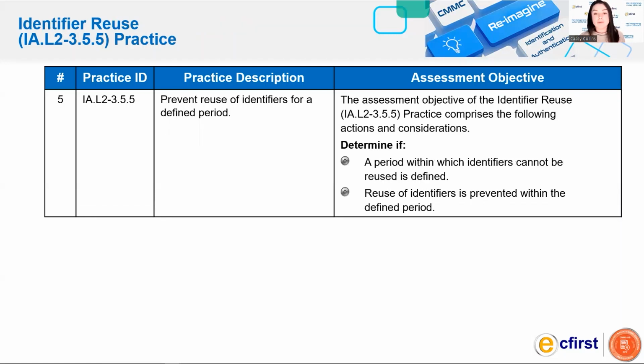Identifier reuse: prevent reuse of identifiers for a defined period. So the period within which identifiers can be reused is defined, and reuse of identifiers is prevented within the defined period. So you want to have a decent waiting period before reusing a unique identifier for a workforce member.